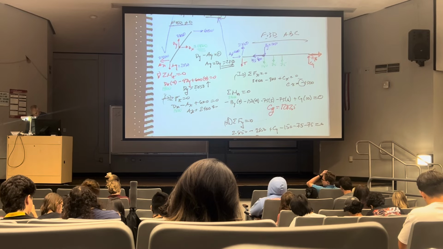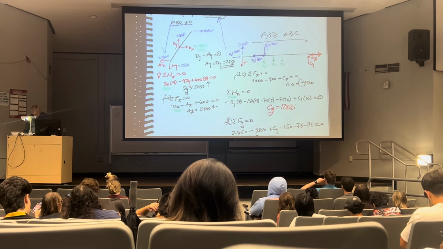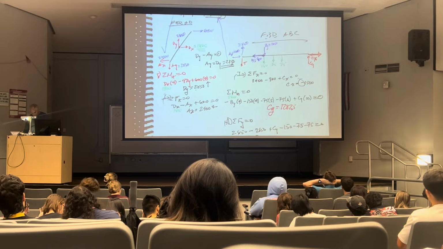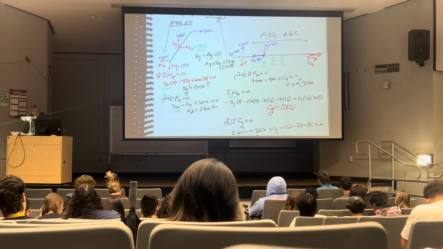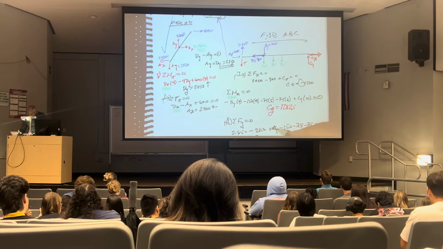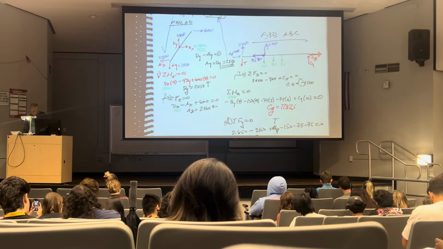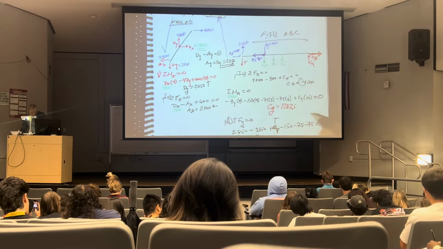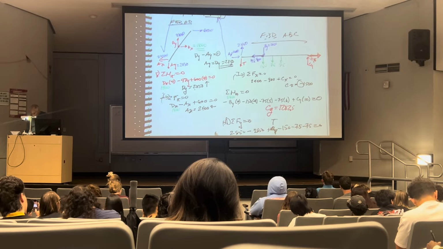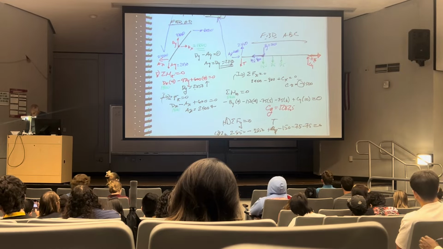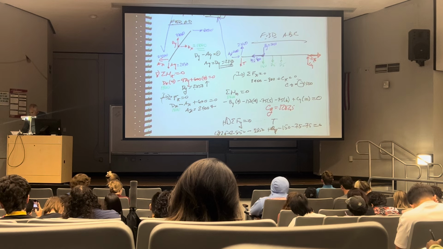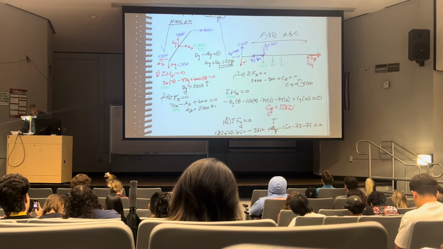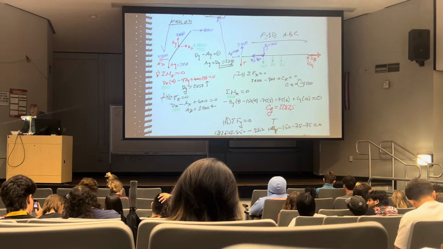CY is equal to, not CY, T. Shoot. And then I have CY here of 1282.5. So T will come out. T will be 982.5.